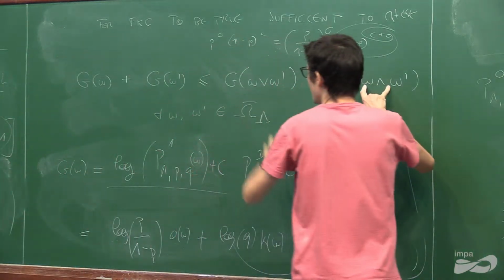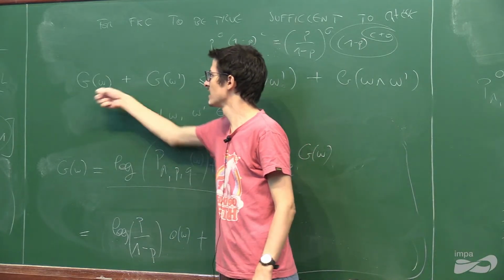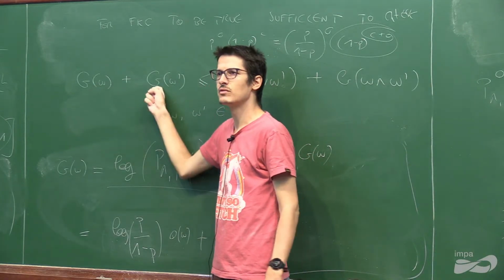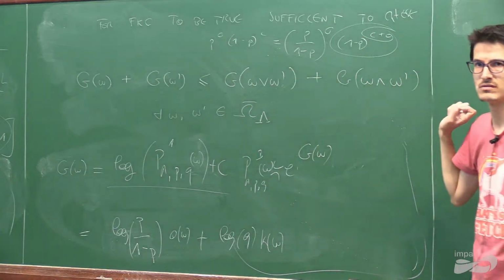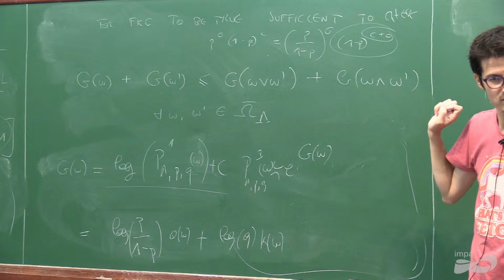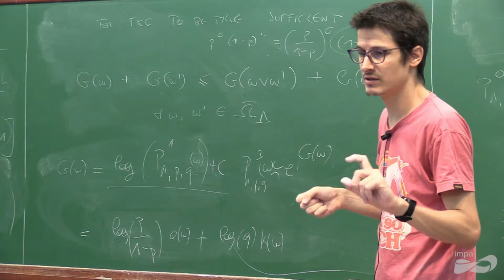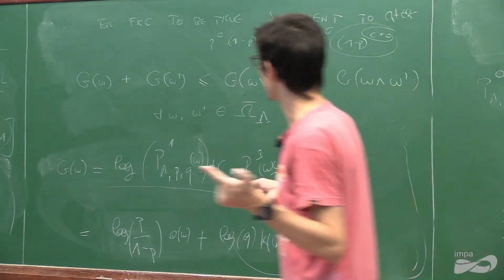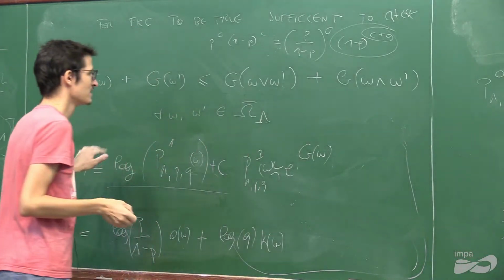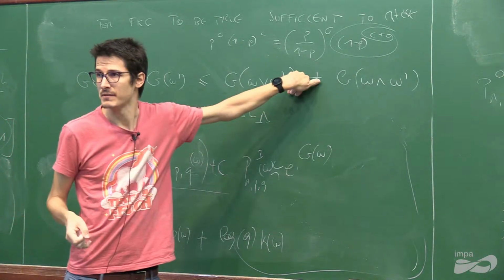The number of open edges in these two configurations is exactly the same as the number of open edges in these two configurations. You can just check. Every edge can be open either 0 times, once, or twice, and if it's 0, 1, or 2 here, it will be the same value here.